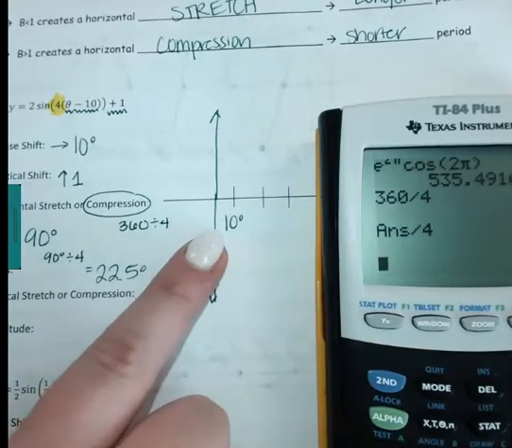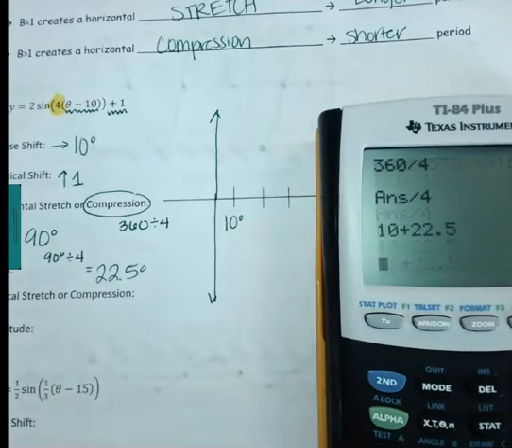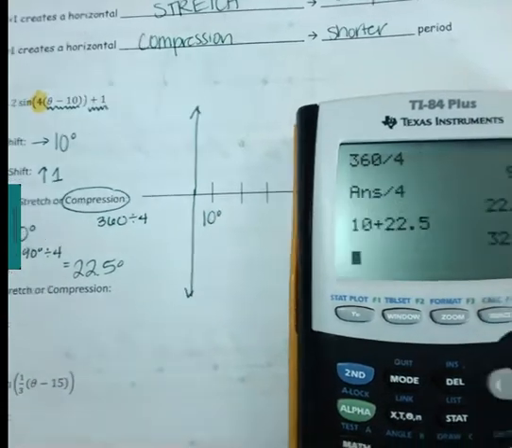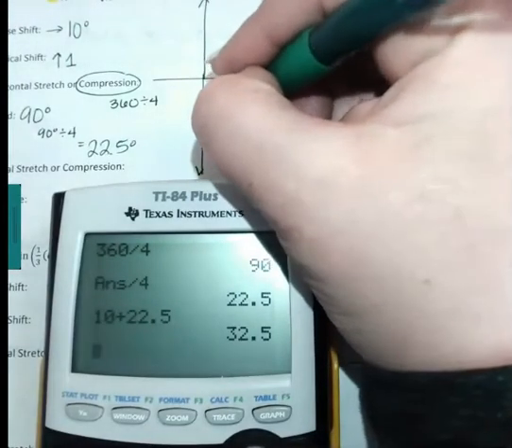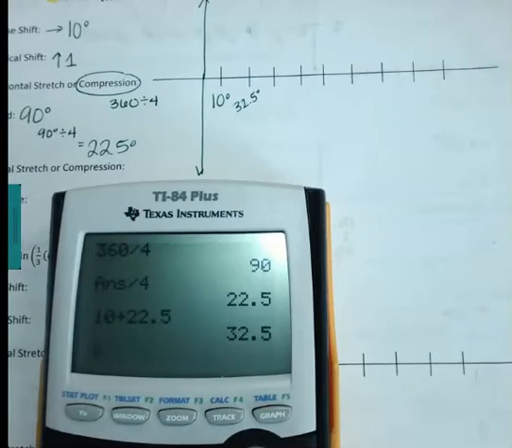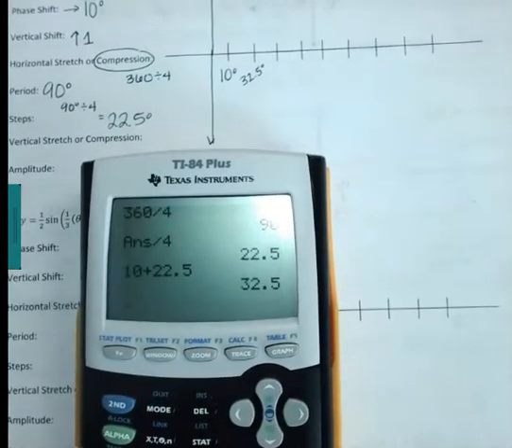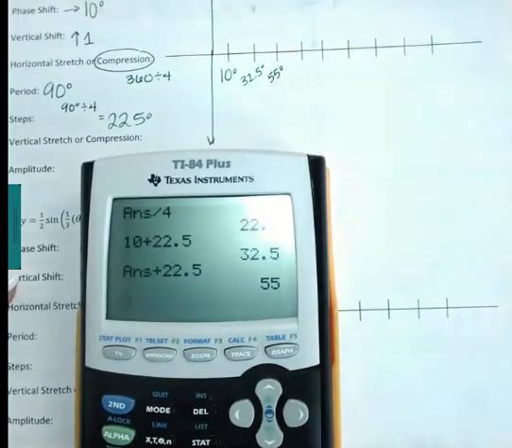So I'm starting at 10. What's 10 plus 22.5 for my next marker? 32.5. So I'm going to label that 32.5 degrees. Then for my next one, I'm going to add 22.5 again. What's my next marker? 55 degrees.